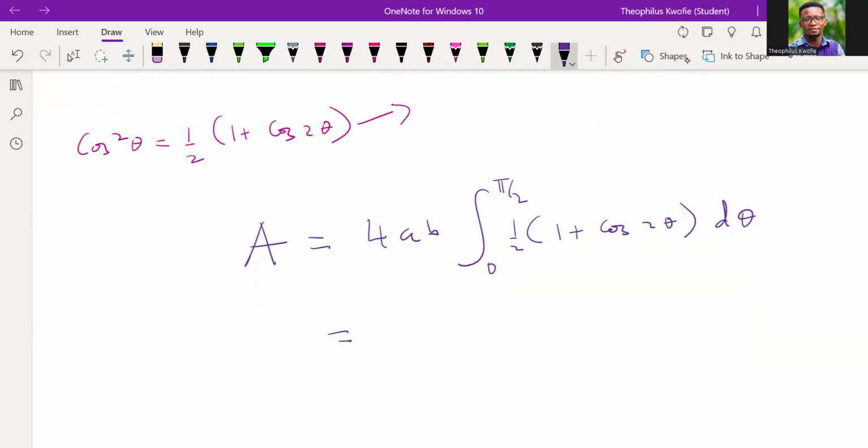Now we can pull out the half, and when we pull out the half, it will cancel the 4, and that should give us something like this.